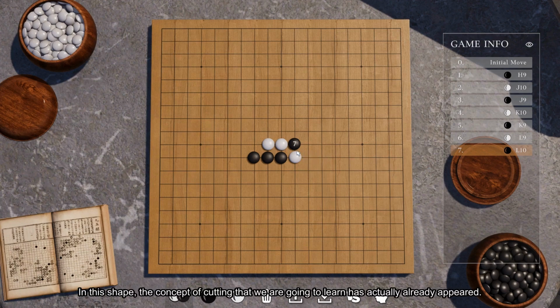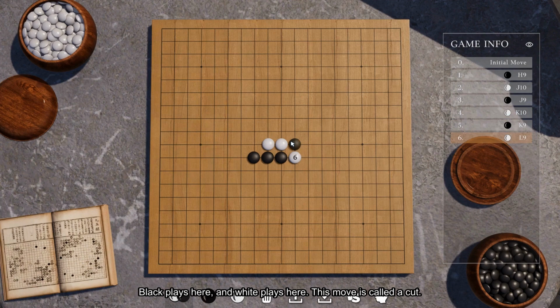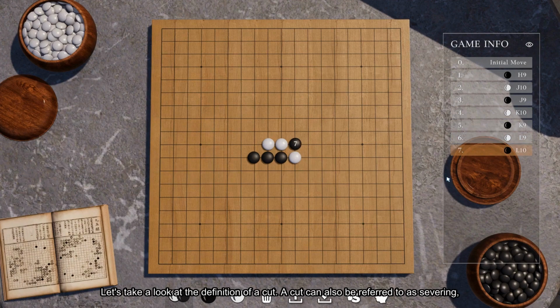In this shape, the concept of cutting that we are going to learn has actually already appeared. Black plays here and white plays here. This move is called a cut. Let's take a look at the definition of a cut.